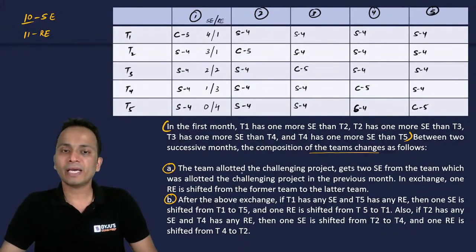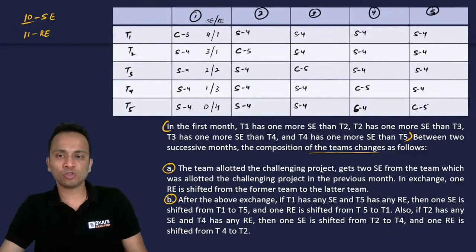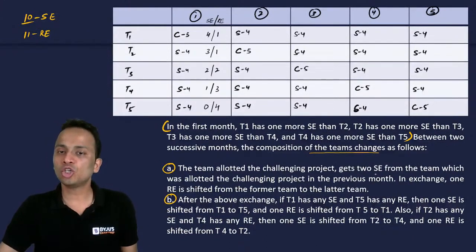Now the team allotted the challenging project gets 2 SE from the team which was allotted the challenging project in the previous month. Okay, so month 1 and month 2, challenging project earlier was with T1 and now it is given to T2.